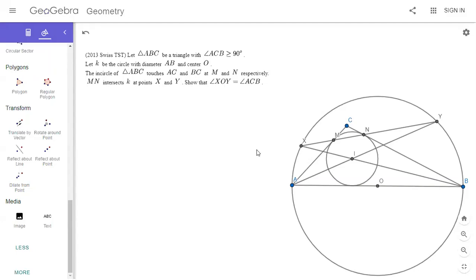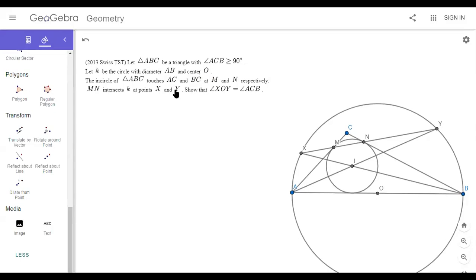And so that's the first equality, right? And then 2 angle XAY is equal to ACB. So it's lemma 1.45 in EGMO. Okay. Oh, I know this lemma.